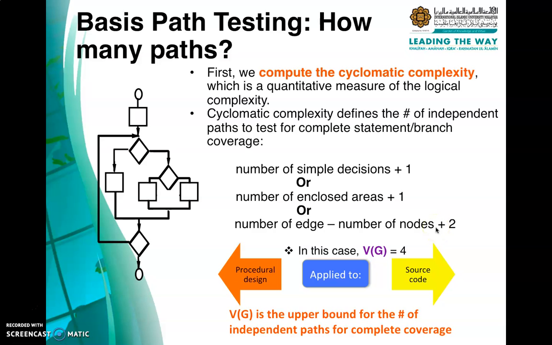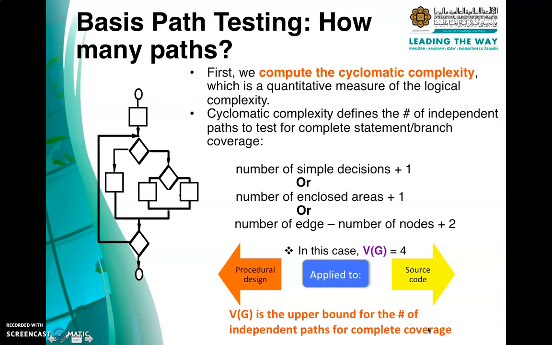As I said again, to perform this basis path testing, we can apply it at the source code level as well as the procedural design, in which we can see the flow chart, or another one, the flow graph. V of G is the upper bound for the number of independent paths for complete coverage.